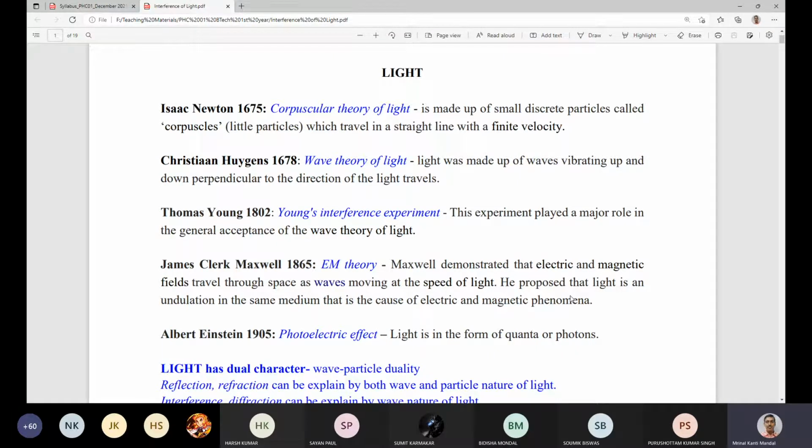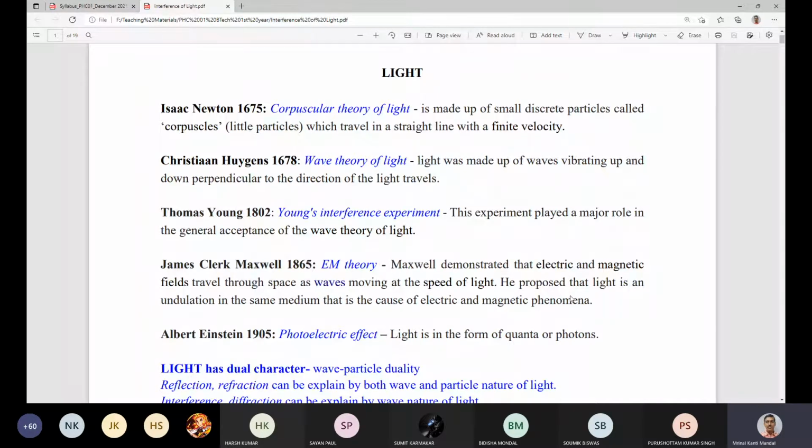Huygens introduced this theory in 1678. But the scientific community around the world believed Newton, and since Newton had already introduced the corpuscular theory, the scientific community could not accept the Huygens proposal, that is the wave theory, right?